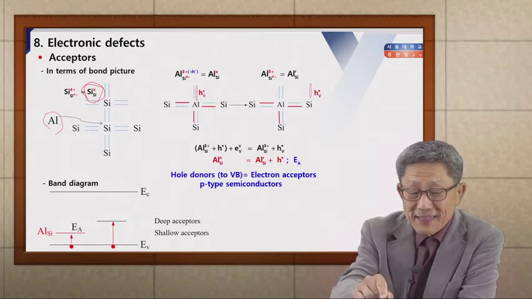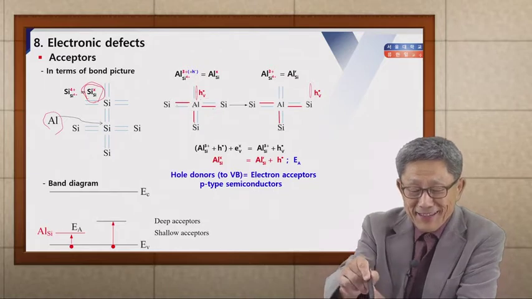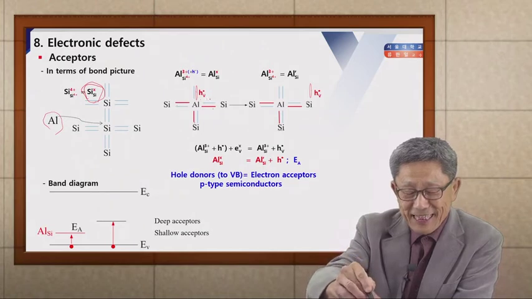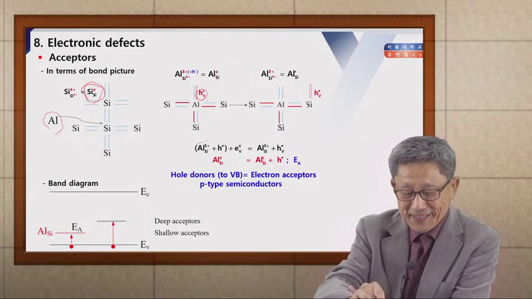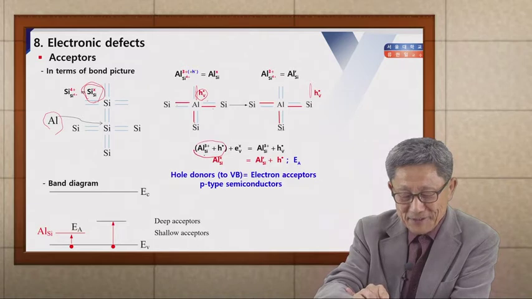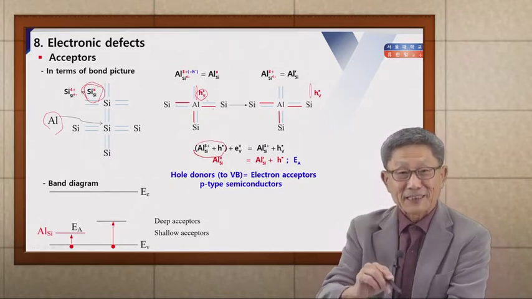This is nothing but the hole on the valence band, because this bond corresponds to the valence band. So this trivalent aluminum keeps one hole together with itself. So this kind of combination, trivalent aluminum on tetravalent silicon site, together with these holes, makes this aluminum on silicon site neutral, effectively.